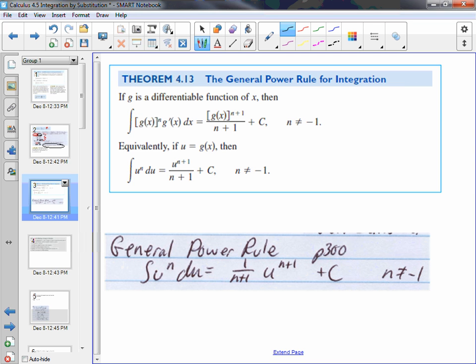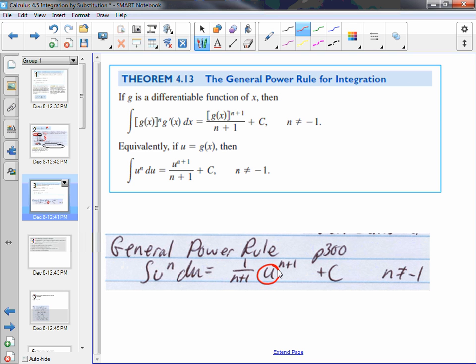All right. You know how we've used the power rule for integration? Add 1 to the exponent, divide the coefficient by the new exponent. That works even if it's a u instead of an x. What would u be? U would be some expression of x. So the general power rule, didn't we call one version of the chain rule when we were taking derivatives the general power rule?